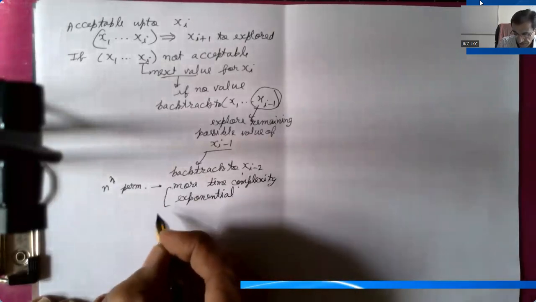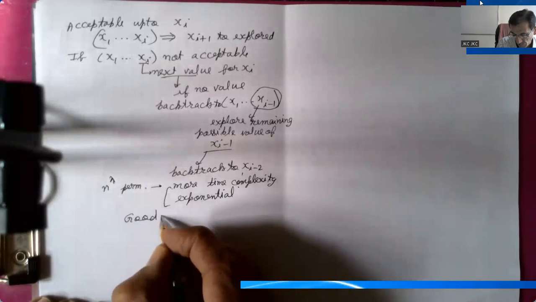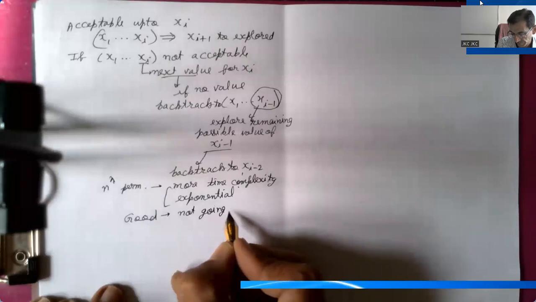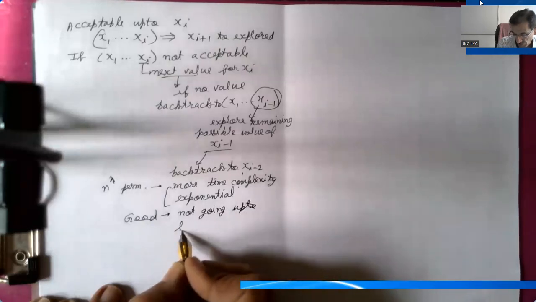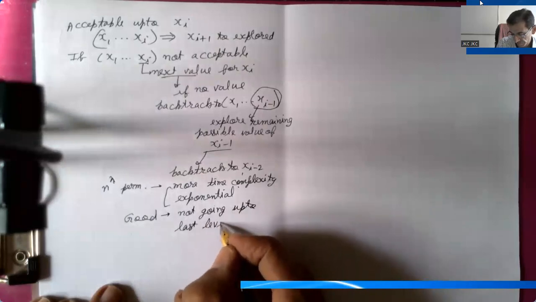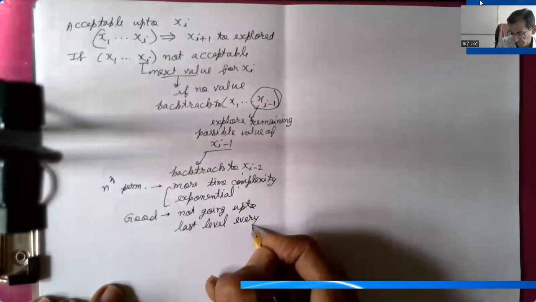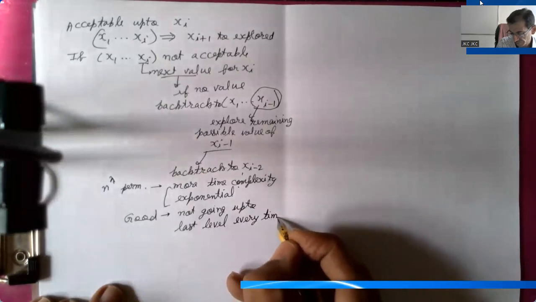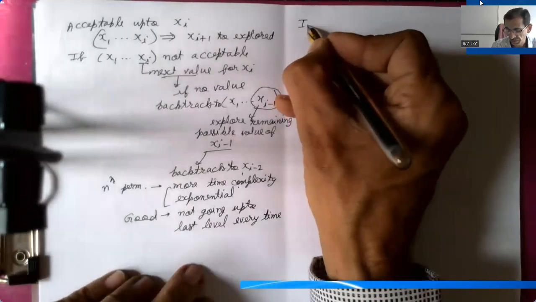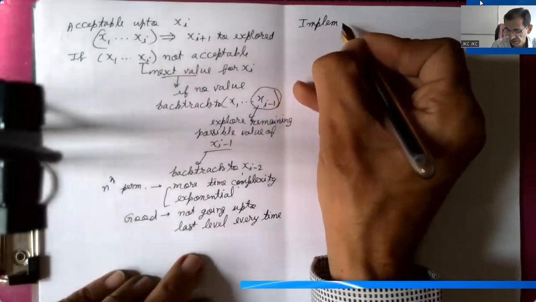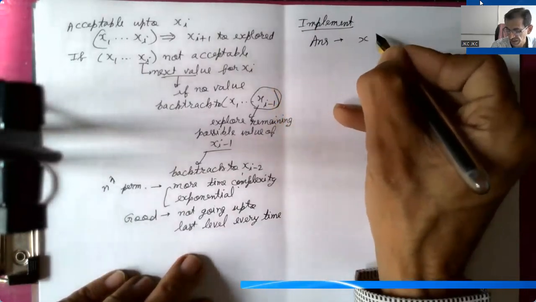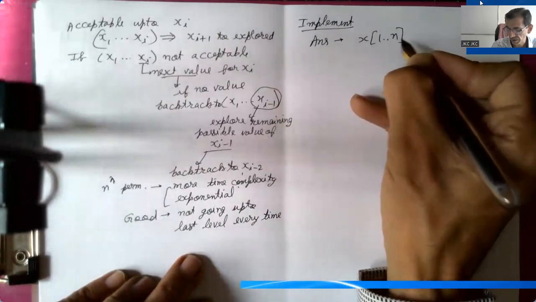But the good part is that we are not going up to the depth every time, not going up to the leaf node every time. In between, we are rejecting whenever needed. So that probably will save some time for us. Now, having said that, let's talk of implementation. For the answer, I will take an X array from 1 to n.